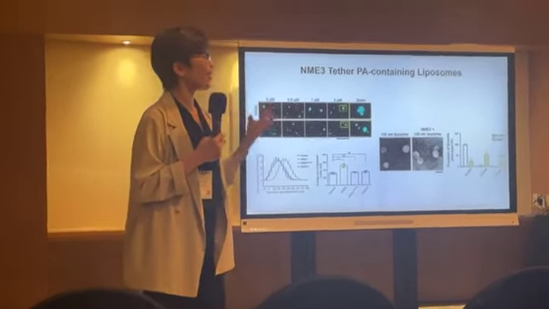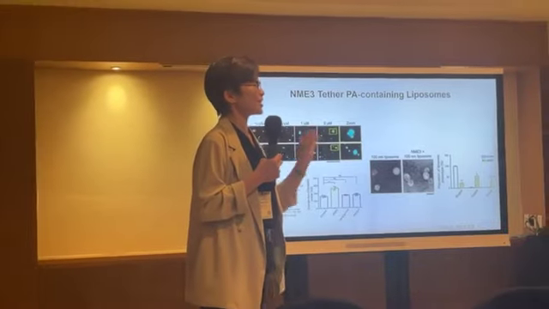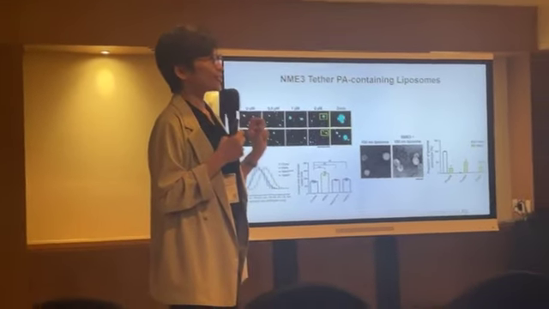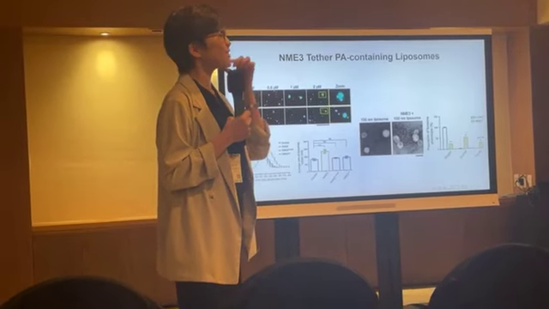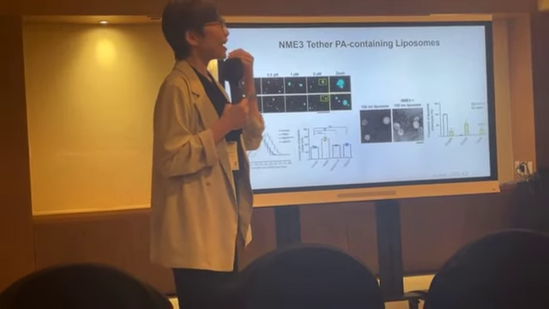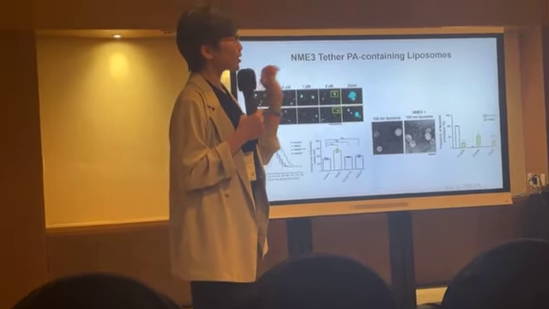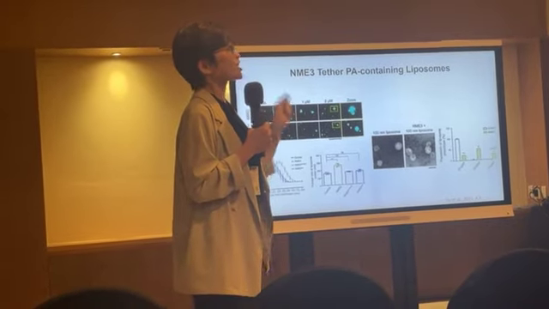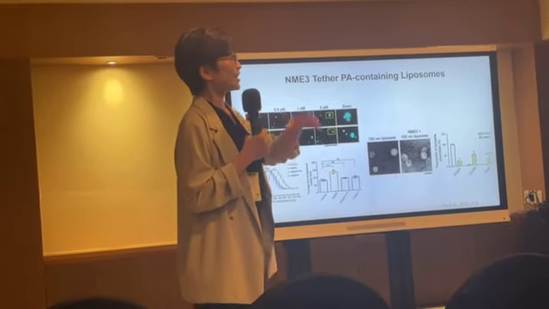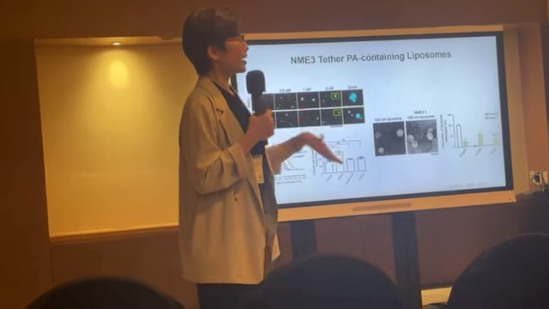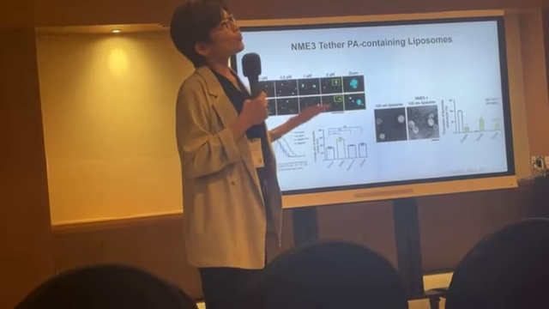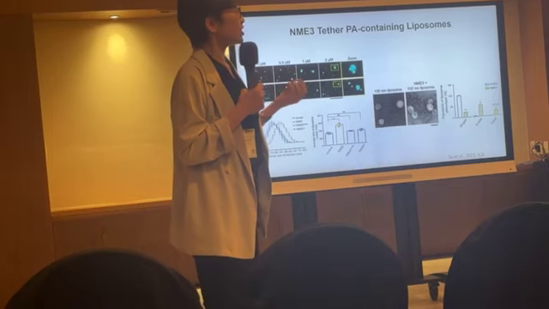That's why we are working to develop an explanation. According to my student's previous data, it looks like there's no particular spot for the externalization. Whenever you see this kind of externalization, it looks like it's everywhere.